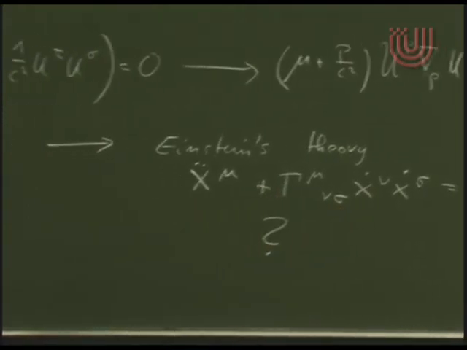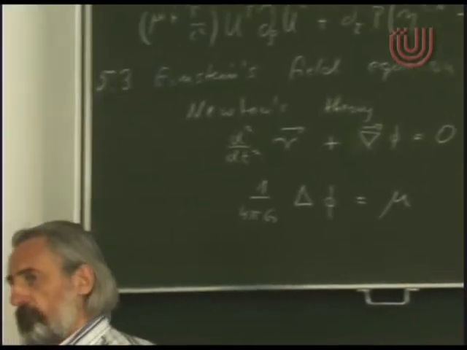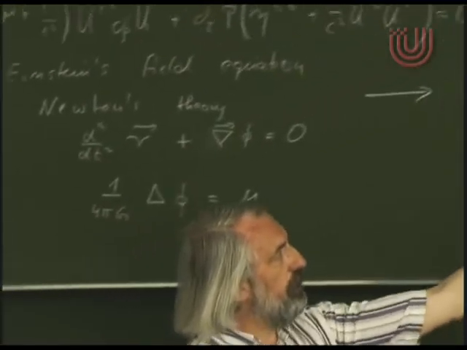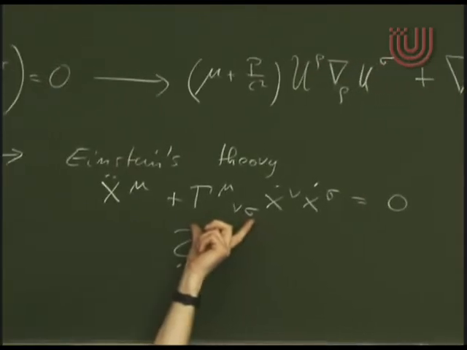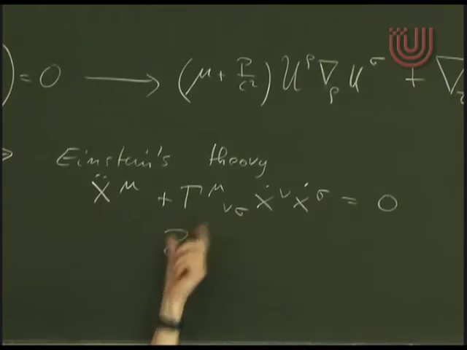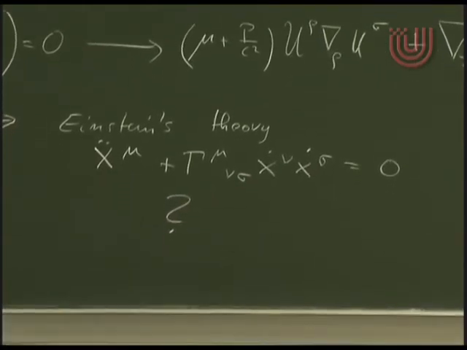The Christoffel symbols involve first derivatives of the metric. So this would mean that the metric is the analog of the gravitational potential, right? I have a derivative of phi here. I have derivatives of g here. So the metric is probably the analog of the gravitational potential. So the analogy is the following.